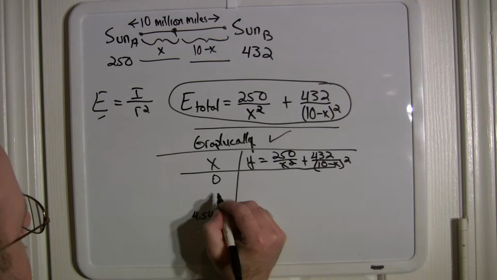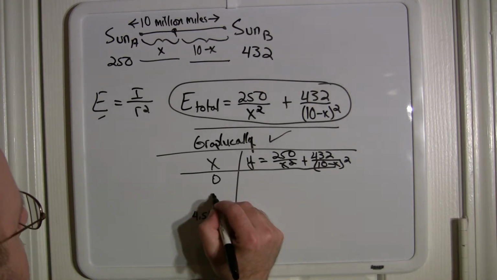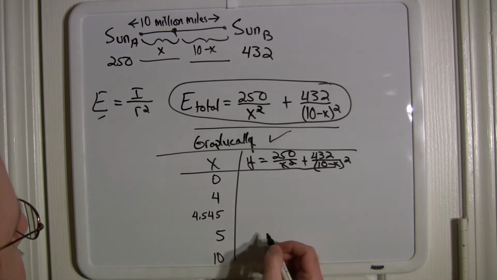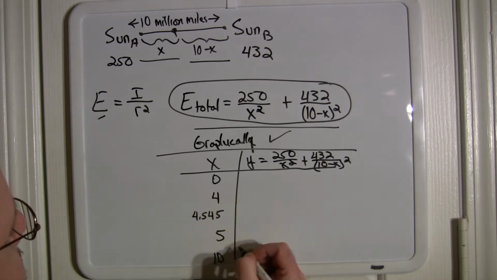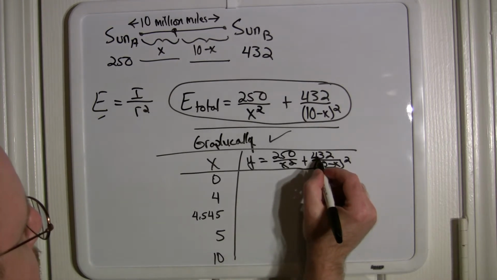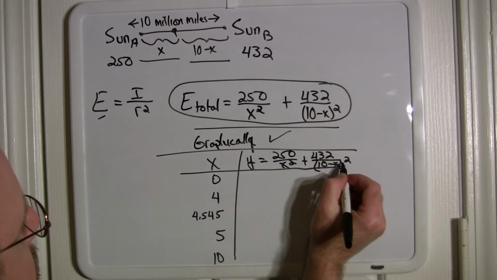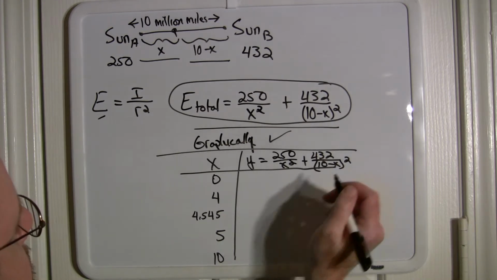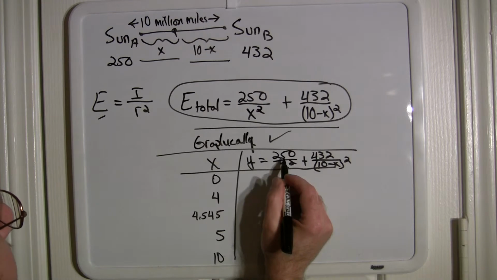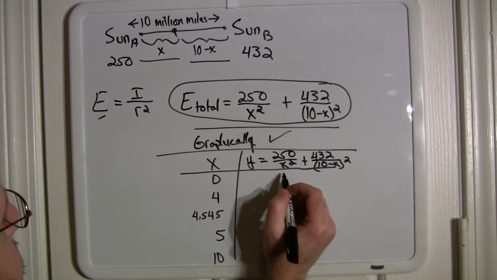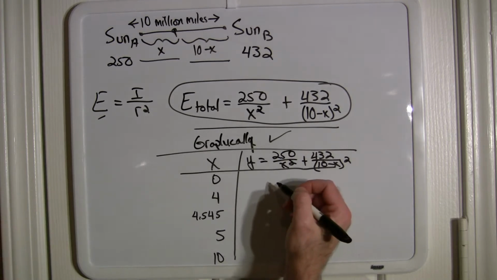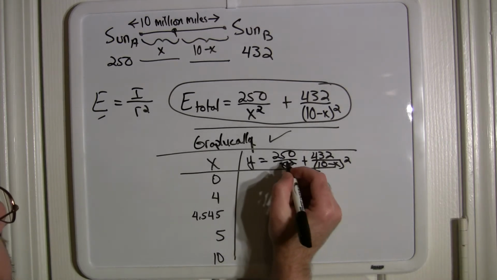And just to be sure, we'll go a little bit below and a little bit above the answer that we had found. Let's start with the extrema. If we plug 0 into the equation, here we get 432 over 100, which equals 4.32. But that's not what concerns us. What concerns us is when we plug it in here, because we'll have 250 over 0 squared, which will be 250 over 0, which is not a real number.